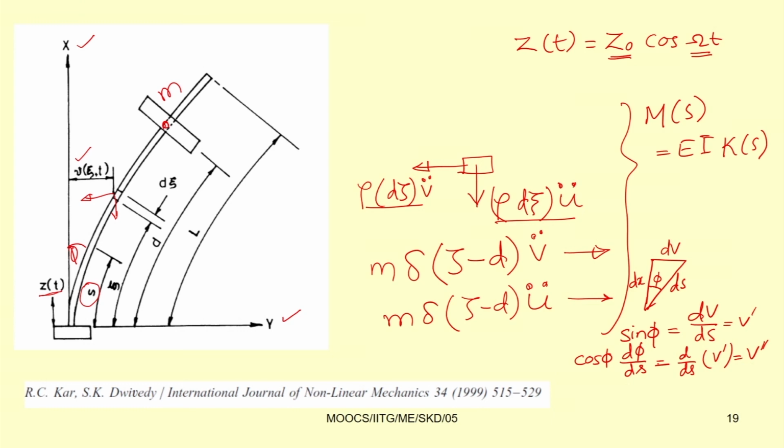so now you can write this phi dash. Already you have written sin phi equal to dv by ds, and if you differentiate it, cos phi d phi by ds equals v double dash.